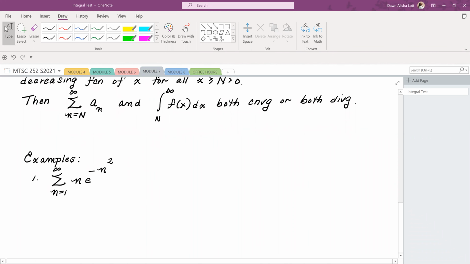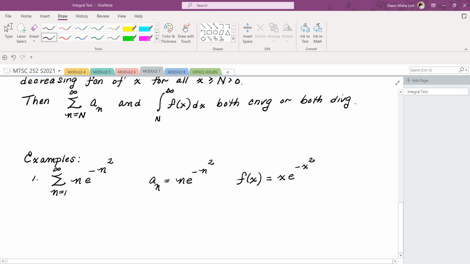Now, I can prove that the function f of x, so a_n is n e to the minus n squared. So my function f of x is going to be x e to the minus x squared.